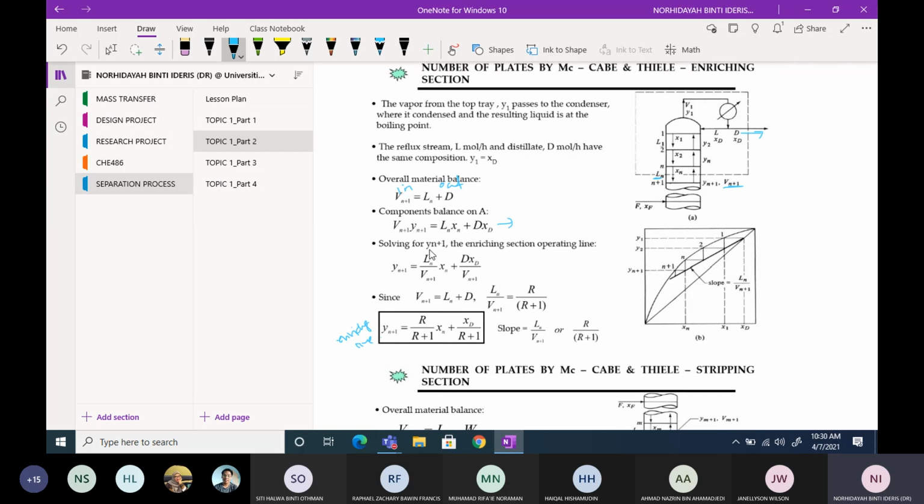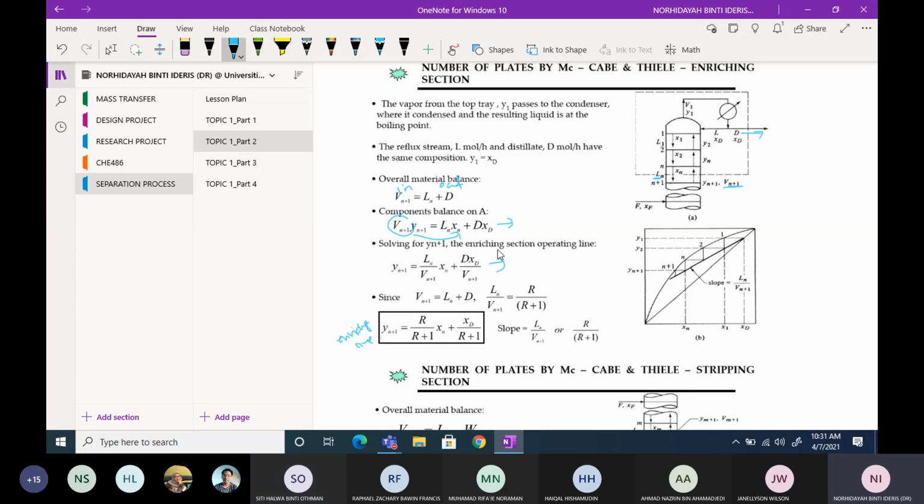Now if you rearrange this equation, you just bring Vn plus 1 to the right hand side. Eventually, you will get this kind of equation. Yn plus 1 is equal to this right hand side.